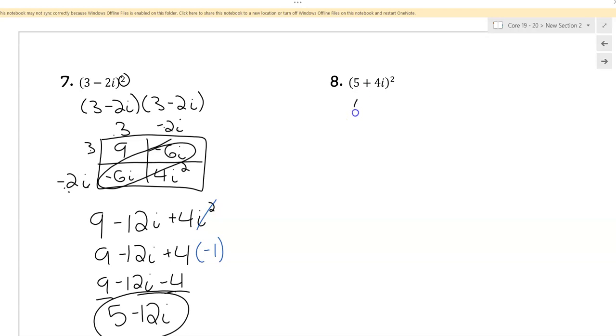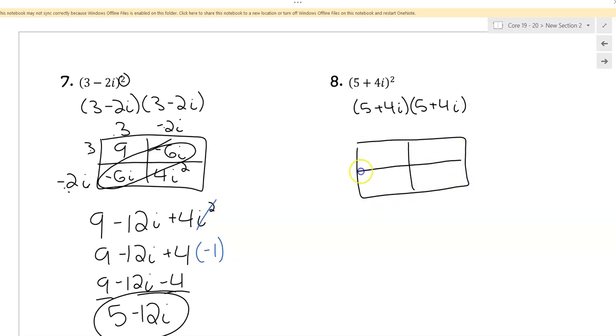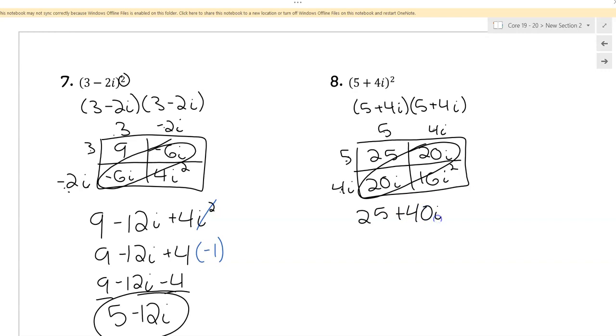So I have 5 plus 4i times 5 plus 4i. 5 times 5 is 25. 5 times 4 is 20, bring that i down. 4 times 5 is 20, bring that i down. 4 times 4 is 16 i squared. So then we have 25. 20i and 20i is 40i.